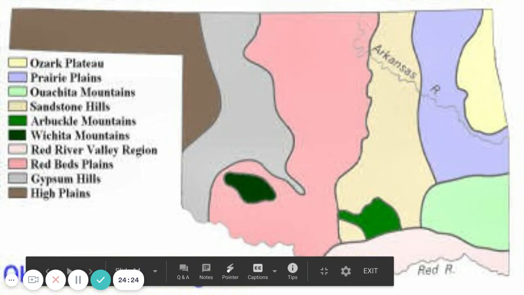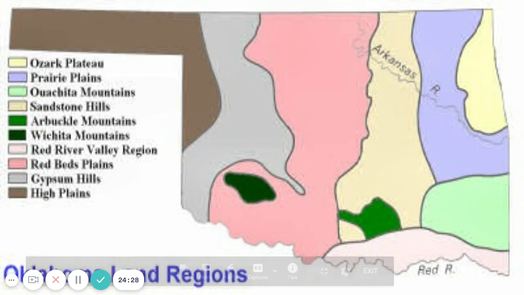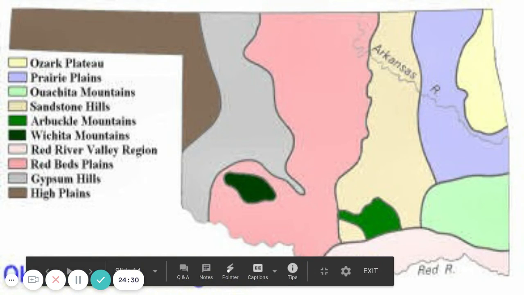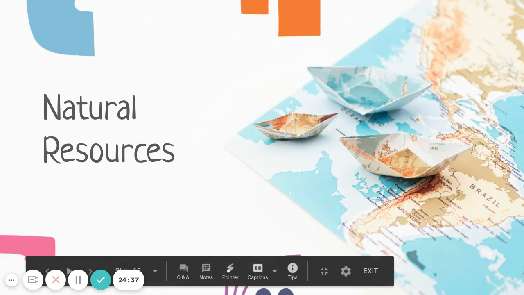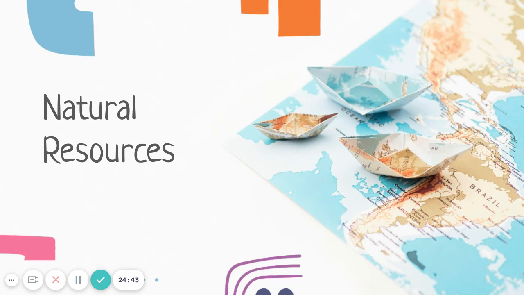Well, when you look at Oklahoma, we see that there are other distinctions that make our state unique, that make Oklahoma who it is. One of those elements is the natural resources. Okay, what are some of the natural resources that Oklahoma is known for?